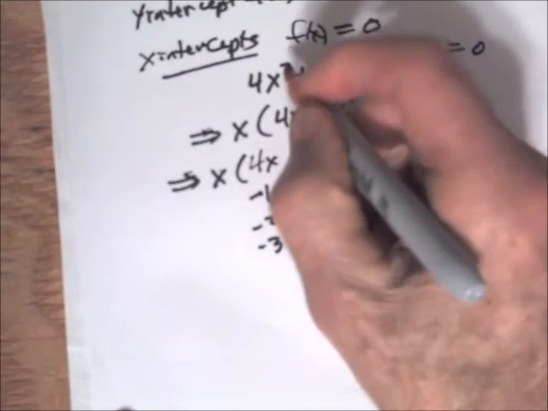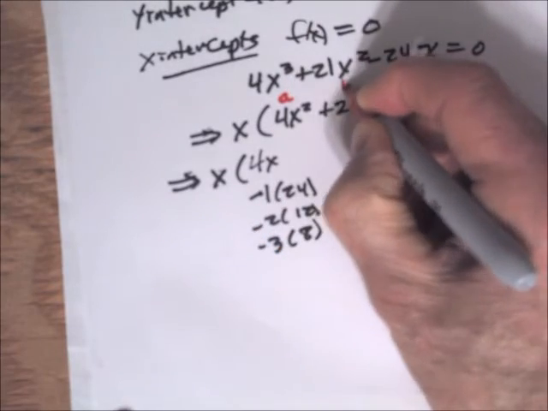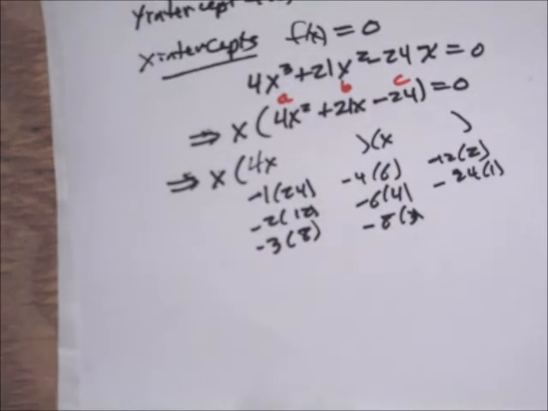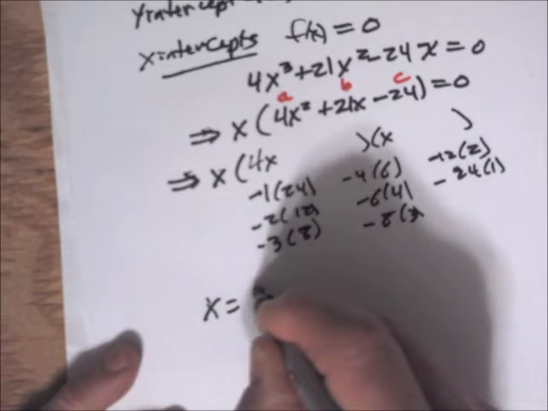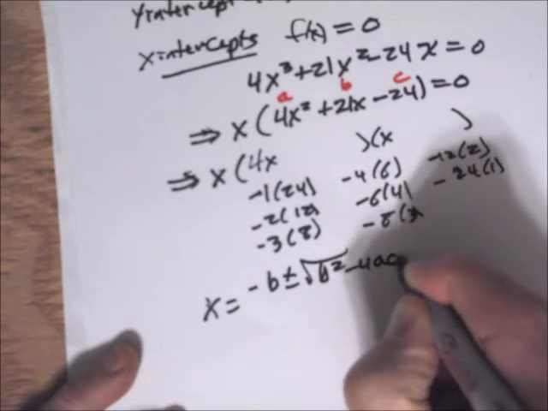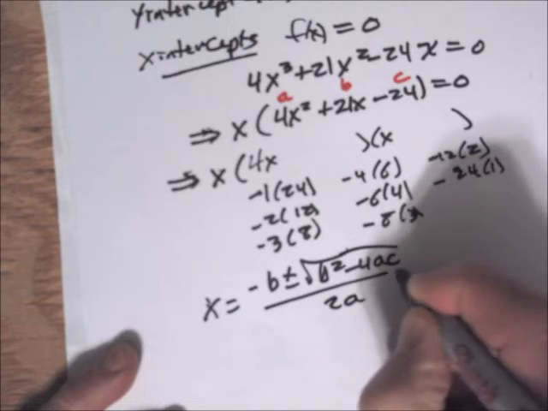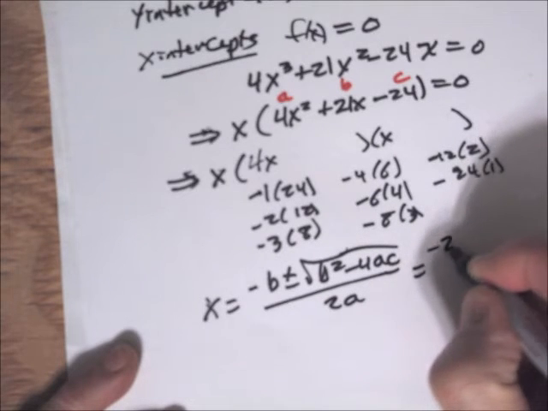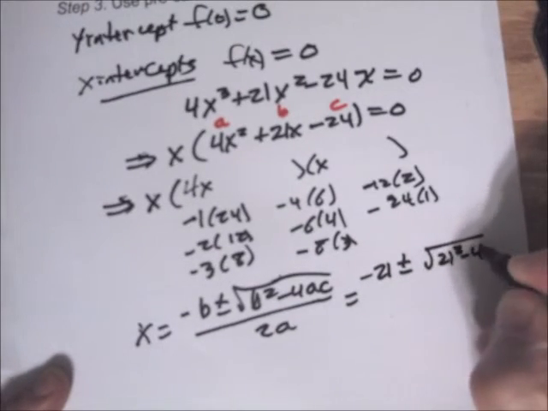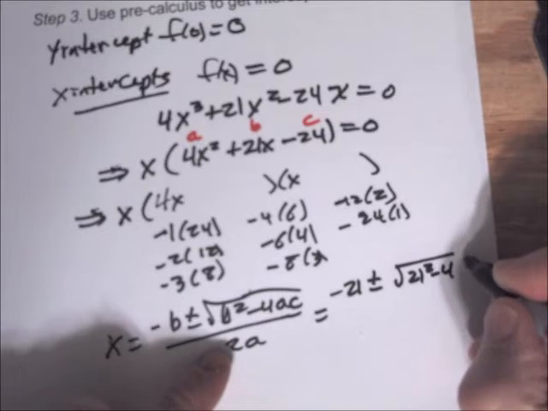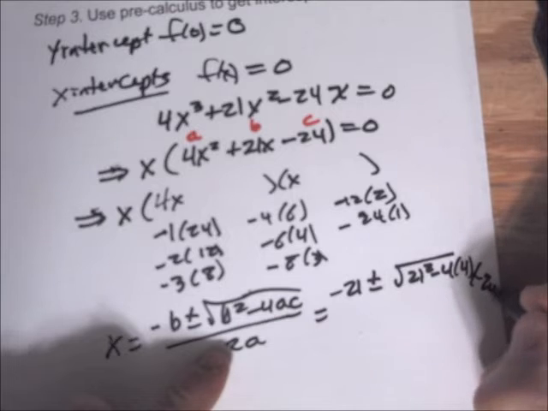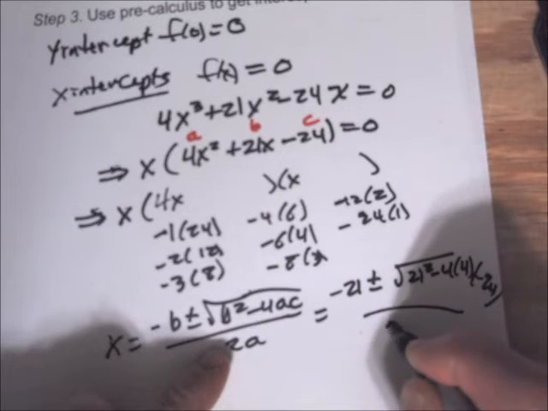In the quadratic formula, a is the number in front of x squared, b is the number in front of x, c is the number by itself. So x is going to be minus b plus or minus the square root of b squared minus 4ac, over 2a. So it's minus 21 plus or minus the square root of 21 squared minus 4 times 4 times negative 24, all over 2 times 4.